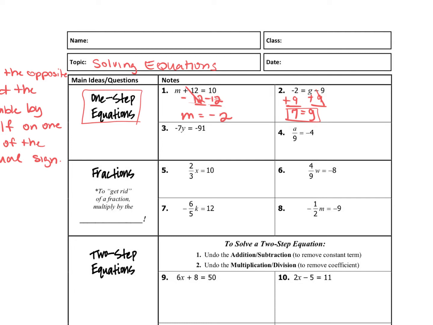I want to do a multiplication one. So we have number 3, we have -7y equals -91. It's multiplication, so that means we're going to divide on both sides.